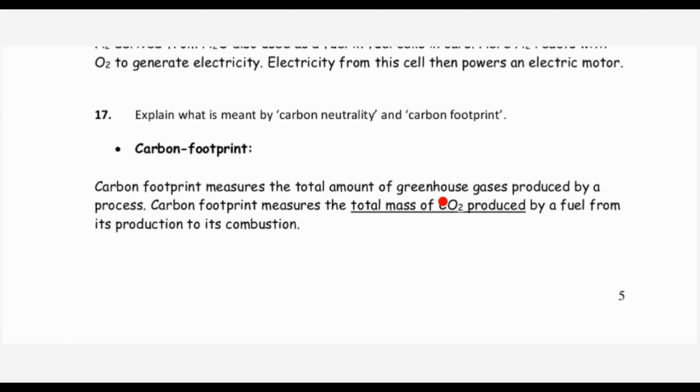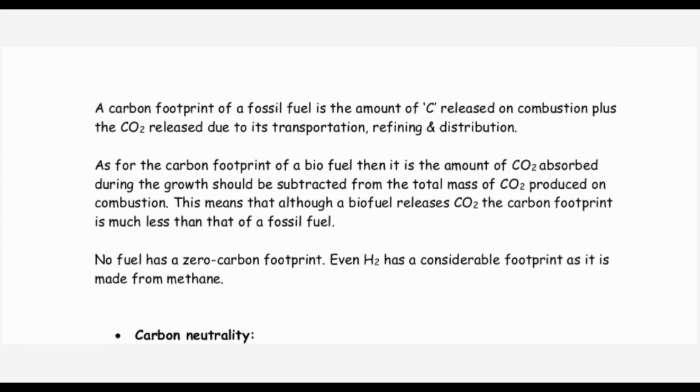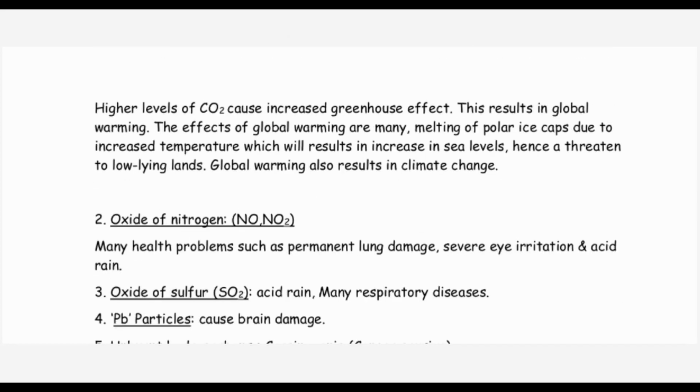I think we have to continue from question 17, carbon footprint, on page 5. As for the carbon footprint and carbon neutrality, the carbon footprint is the measurement of the total mass of carbon dioxide gas produced by a fuel due to its combustion, right?